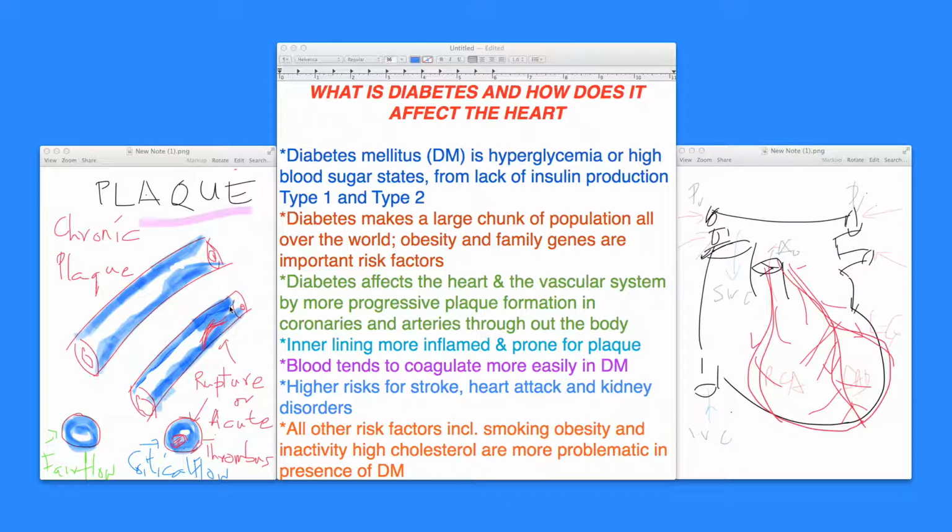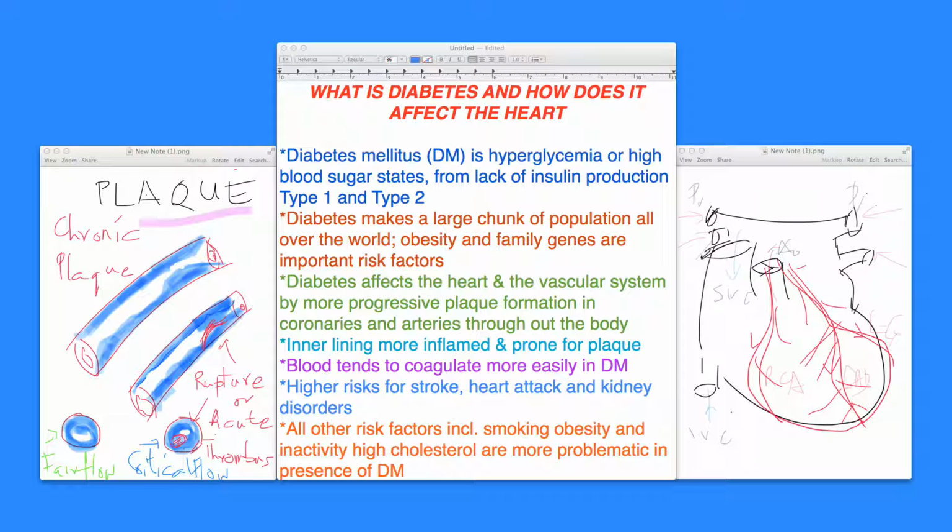Blood tends to coagulate more often in a diabetic setting. And even other risk factors like high cholesterol, smoking, obesity or physical inactivity are all compounded by diabetes, and their incidence is higher. The heart disease incidence is higher based on the same risk factors.